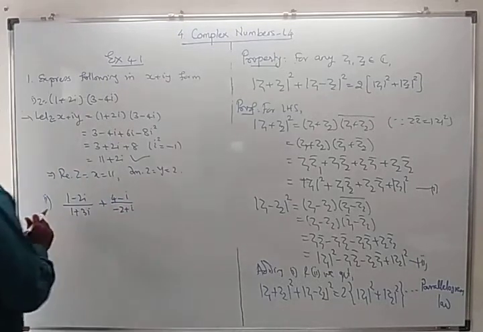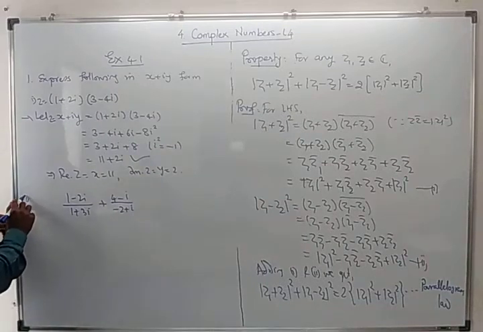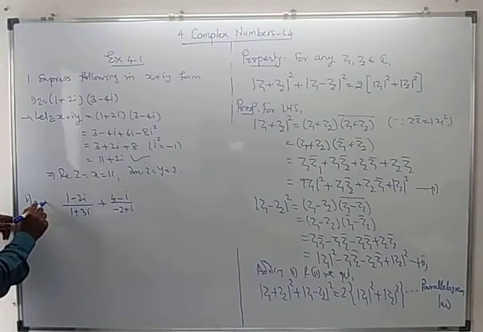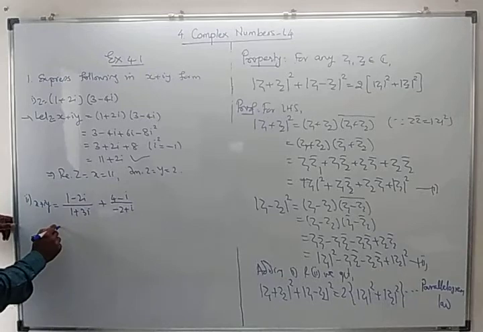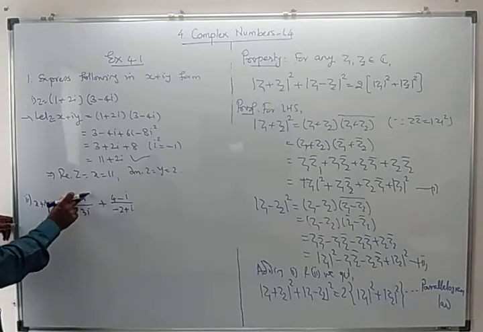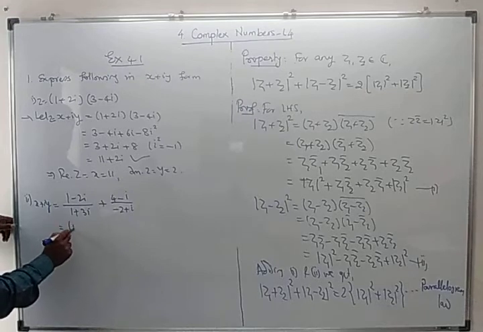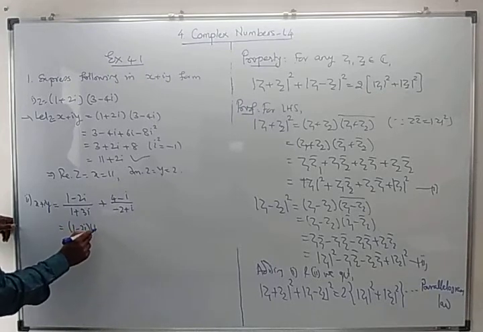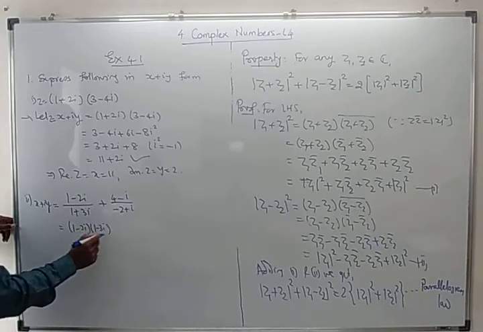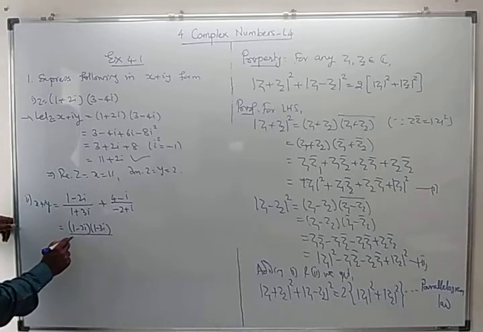If I denote this by x plus iy, I will multiply numerator and denominator by the complex conjugate of the denominator. So (1 minus 2i) into (1 minus 3i) upon (1 plus 3i) into (1 minus 3i).